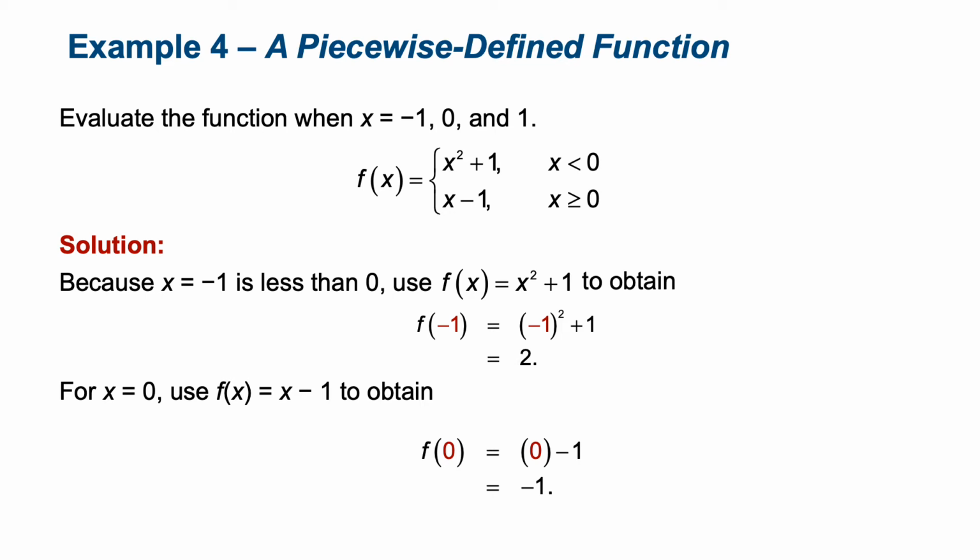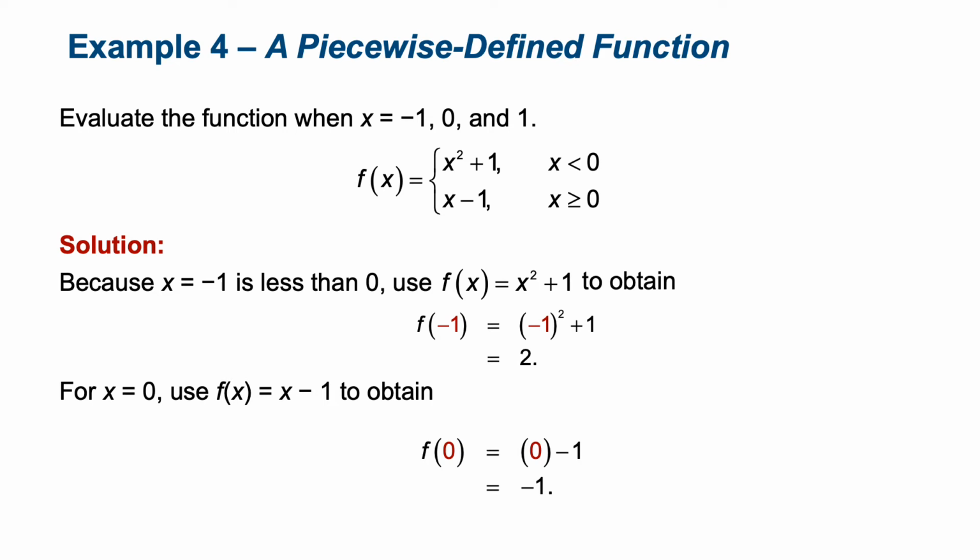So a piecewise function is saying, over a certain domain, I'm going to have a restriction. Here, I have x less than 0 and x greater than or equal to 0 as my domain. For all x less than 0, the function will be x squared plus 1.